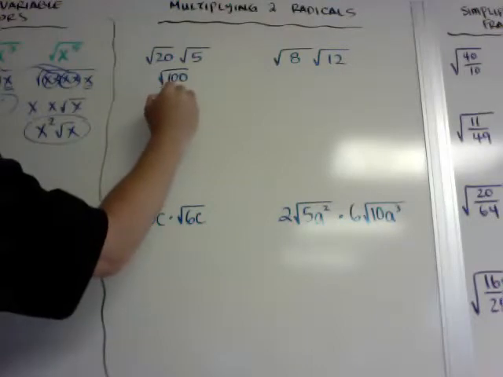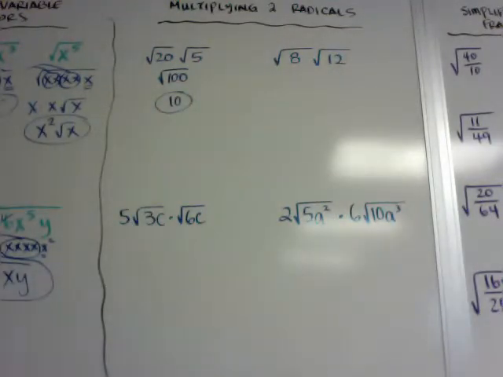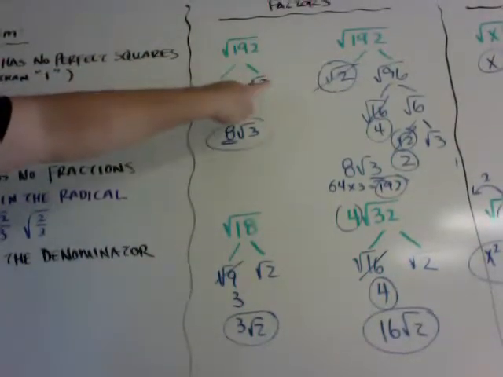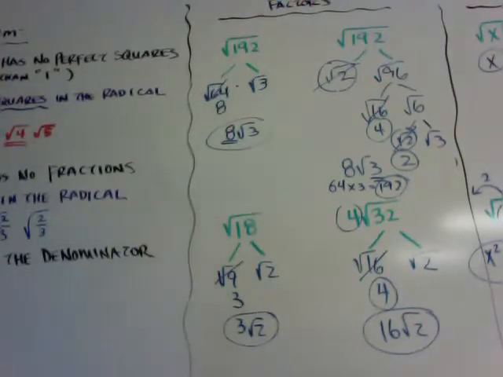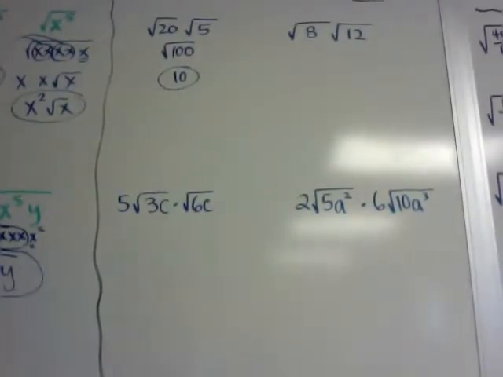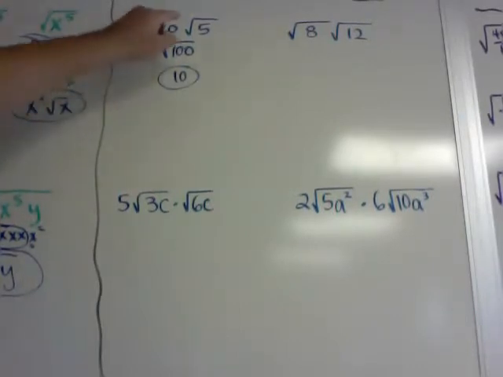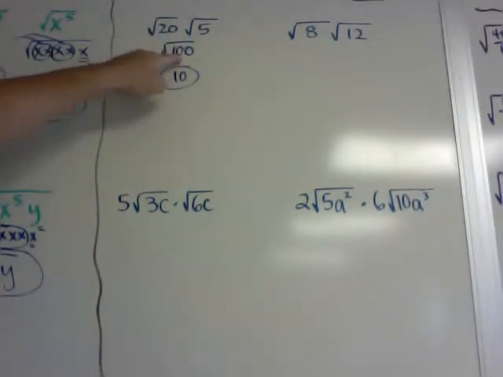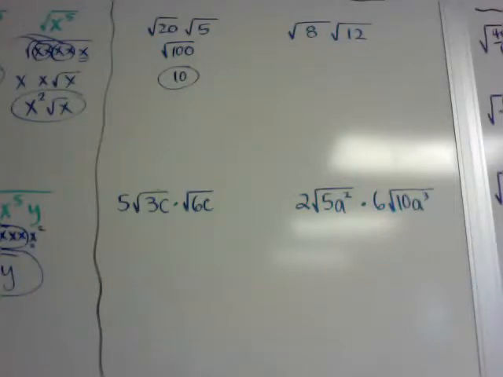And radical 100 just becomes 10. So sometimes instead of splitting them like over here, where you're breaking them down to factors, you can actually go backwards and make it easier for you. So in this case, I took the radical 20 and radical 5, multiplied them together, becomes radical 100, and you get 10.